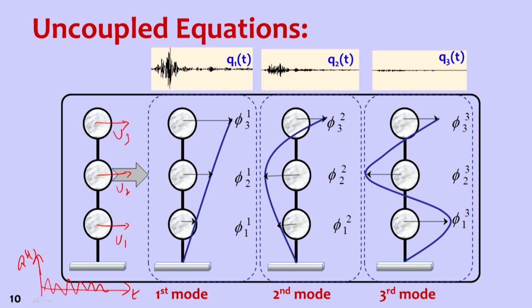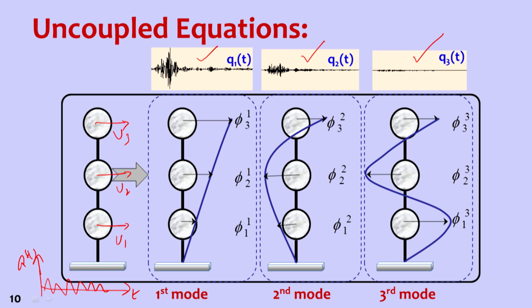With this, we decoupled the equations into 3 mode shapes. An N degree of freedom system is converted into N single degree of freedom systems with these mode shapes: mode shape 1, mode shape 2, mode shape 3. So, we got the time history response of the first mode, the second mode, and the third mode. The participation factor is included in it.